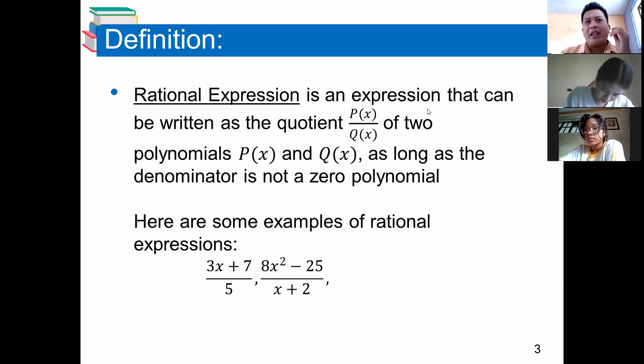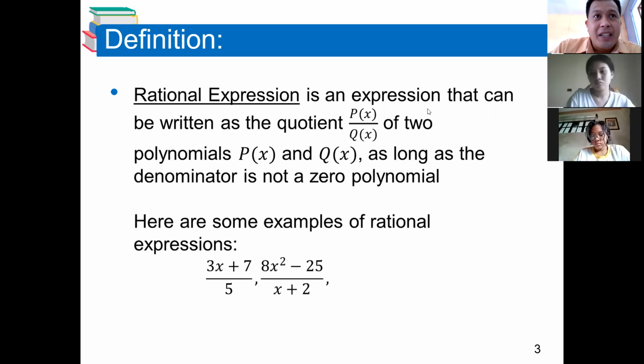In the second example, you have a quadratic binomial as your numerator and a binomial as your denominator. Notice that the exponents of your expressions range from 0 to positive infinity. I mean the unknown variable x ranges its exponent from 0 to positive infinity.